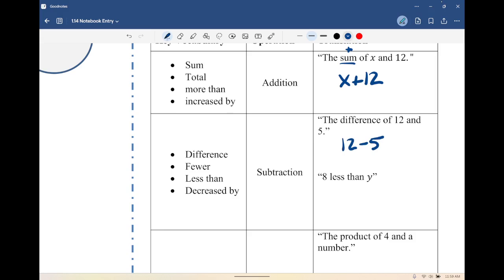For the second one, however, 8 less than y, when we see the word than, it needs to set off alarms in our head that these two need to switch places. And so this is not 8 minus y. This is y minus 8.